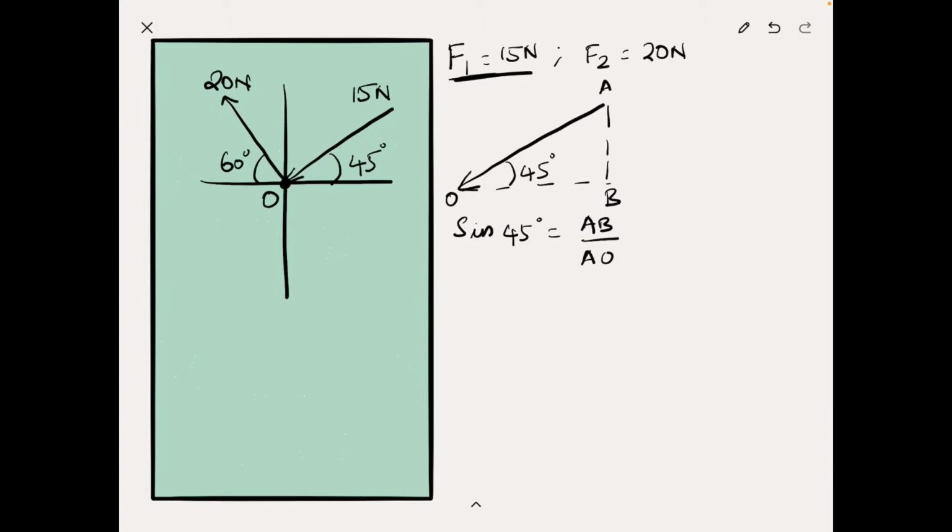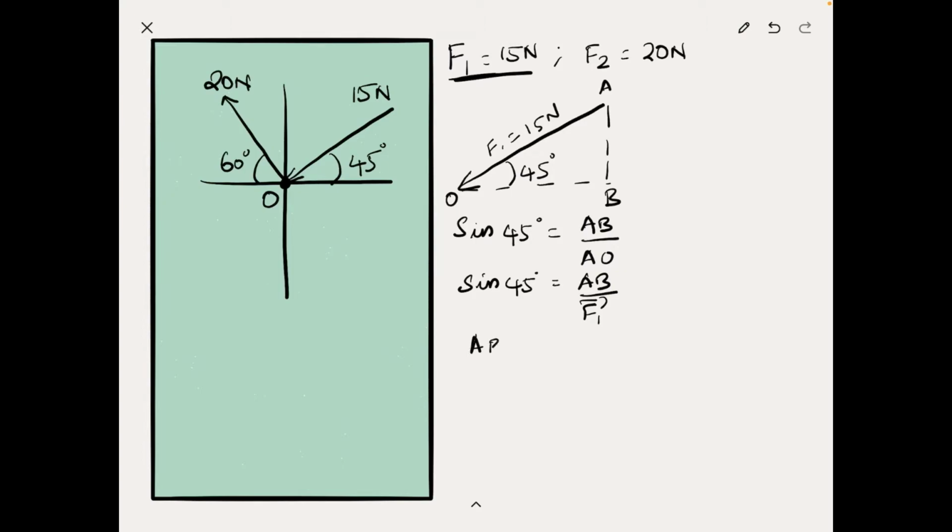So AO is equal to F1 of 15 newton. So let us substitute this in the formula here. So sine of 45 degrees would be AB divided by F1 newton.